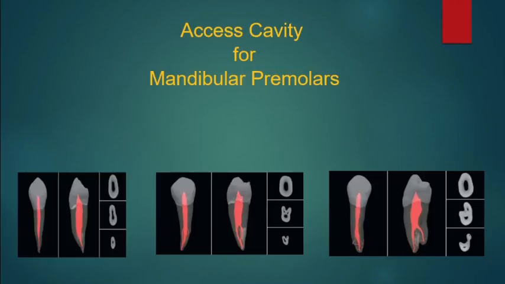Sometimes they rejoin at the apical third and exit at a single portal of exit, and sometimes they exit at different portals of exit. So they are very tricky, and the usual access cavity is oval in shape, which will be a little bit wider mesiodistally when we compare it to the access of the maxillary premolars.